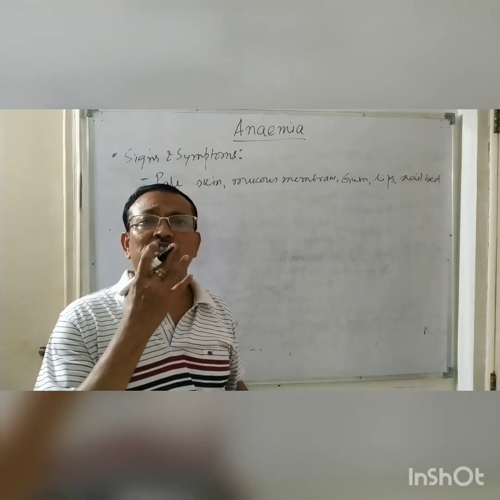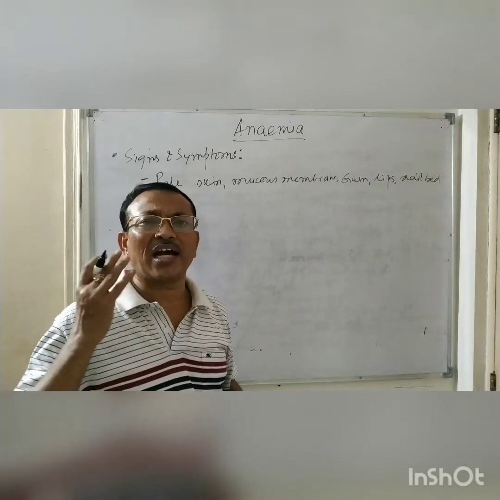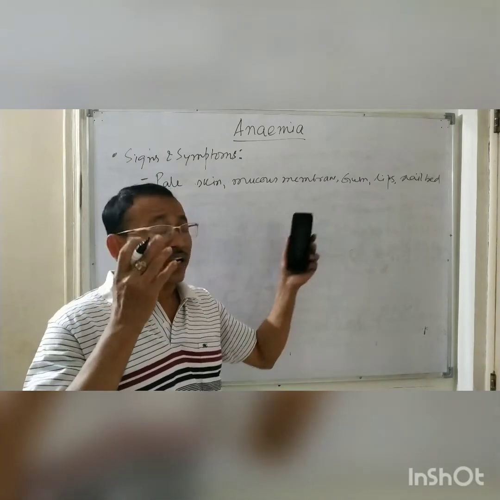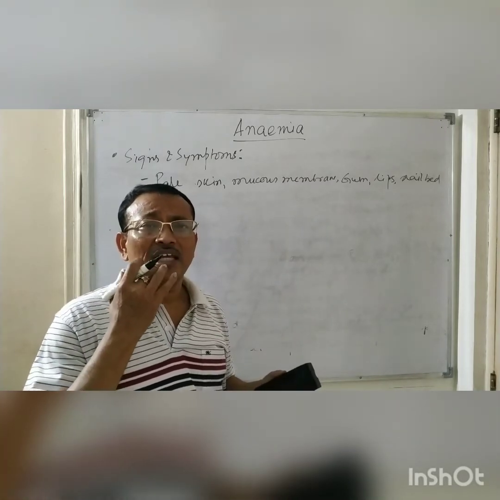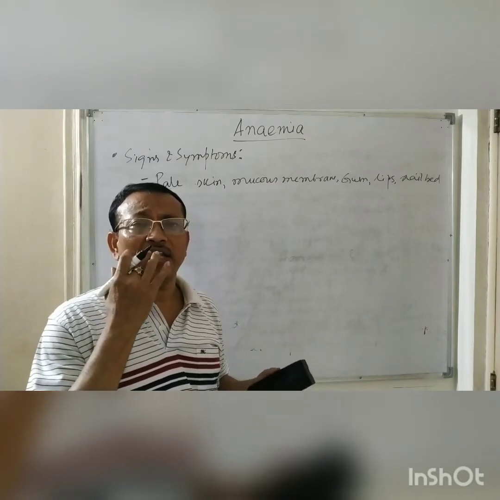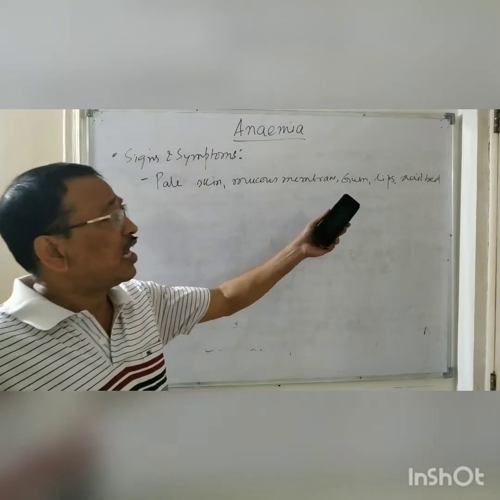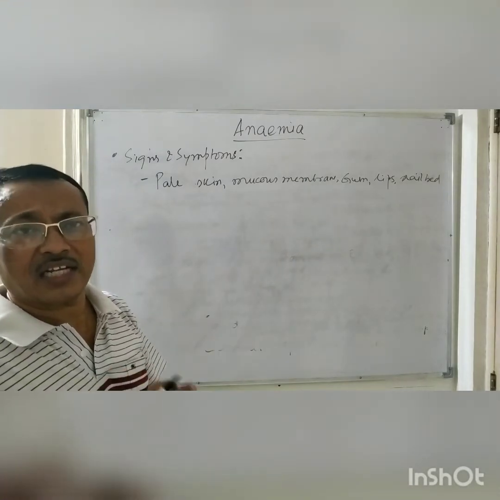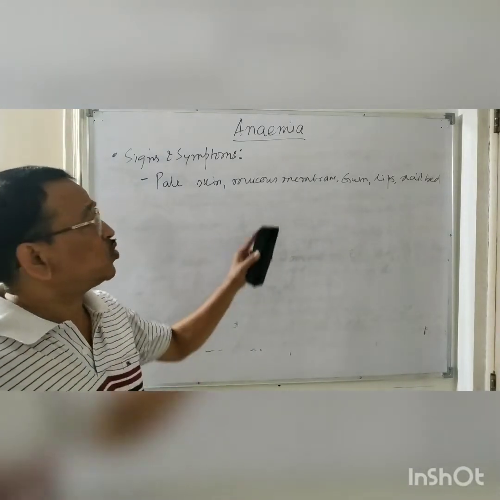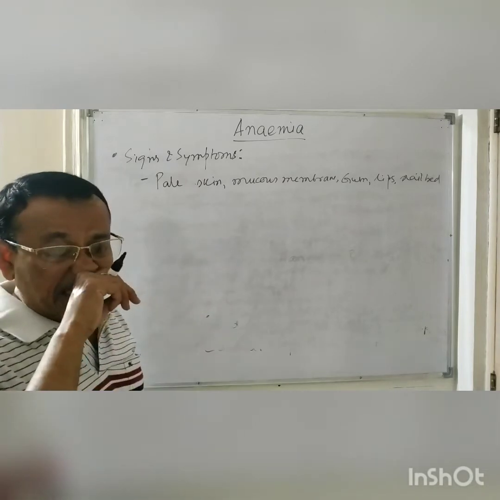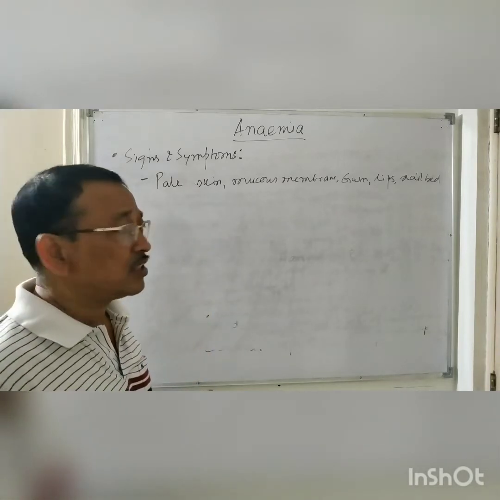If the oral mucosa is seen, it will be very pale in color. The gum will be pale, the lips will be pale, the eyes will be pale, and the nail beds will be pale, very pale in color, not reddish in appearance. So that is the first clinical sign and symptom of the anemia.